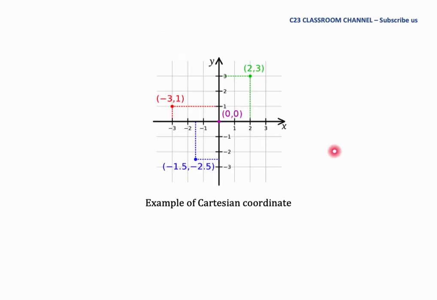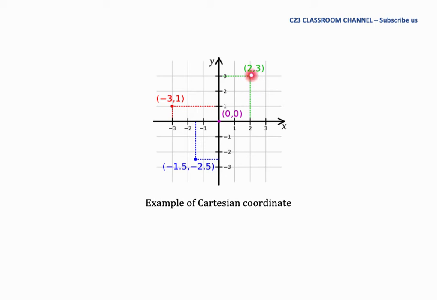So this is an example of the Cartesian coordinates. I think all of you are familiar with these coordinates. We have the x-axis here and the y-axis here, and normally the x-axis is horizontal and the y-axis is vertical. For example, we have one point here, and we note this point as (2, 3) because it is 2 units in the x direction and 3 units in the y direction.